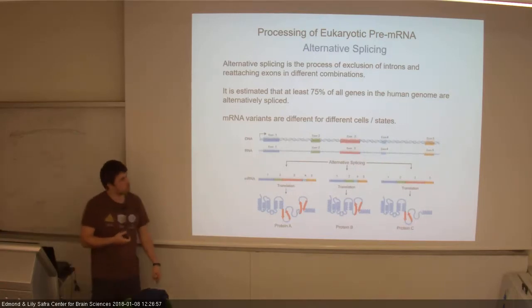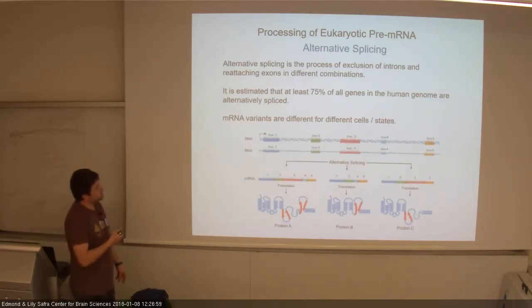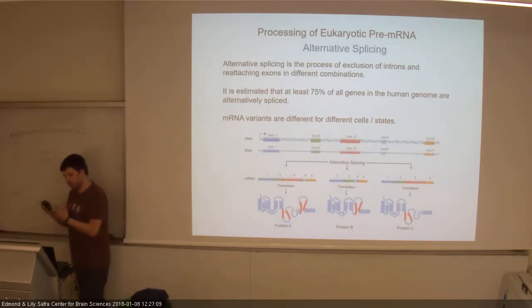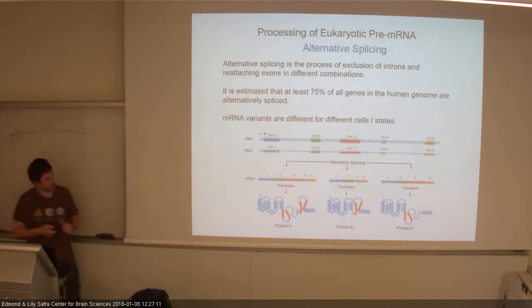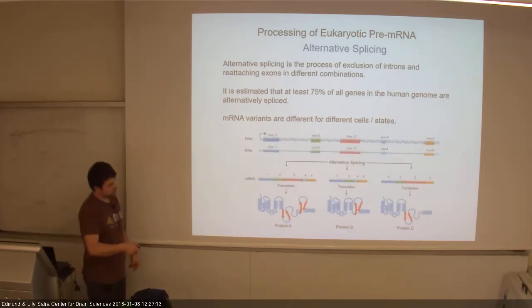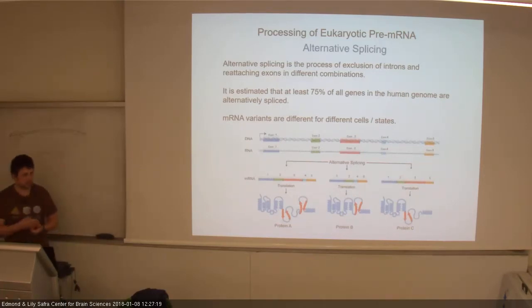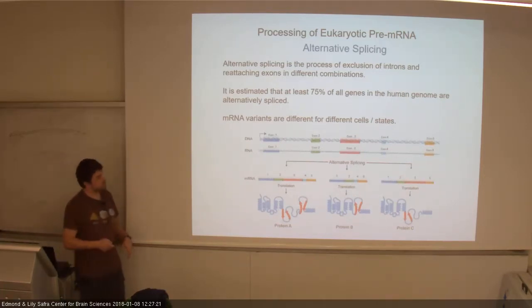In humans specifically, 75%, and probably more by now, of all the genes in our genome are alternatively spliced, meaning that one gene can potentially create multiple variants of a protein. Certain elements can be present or deleted under different conditions.